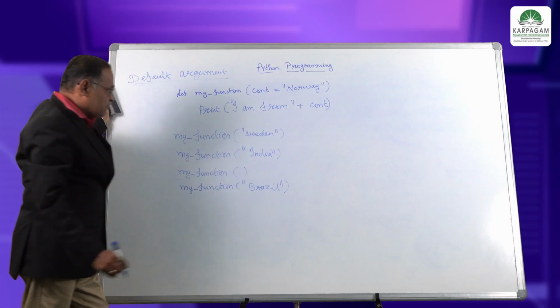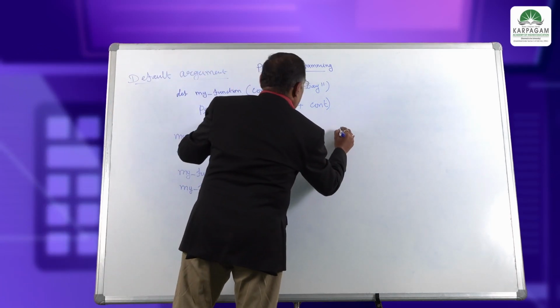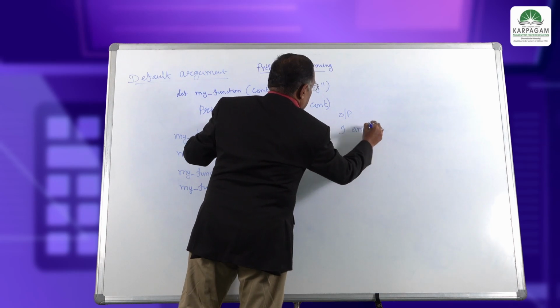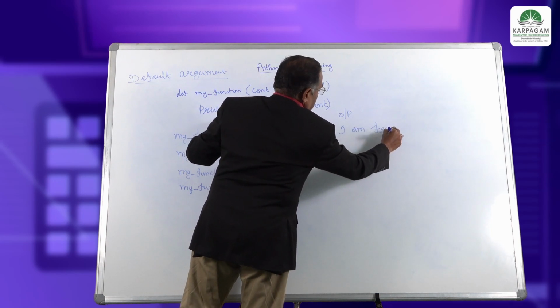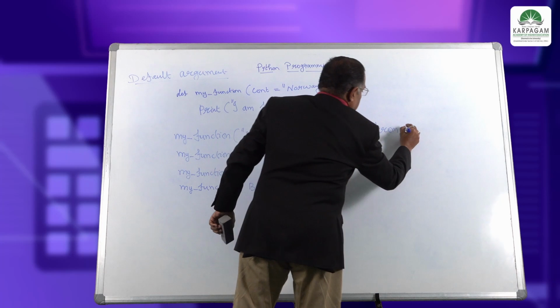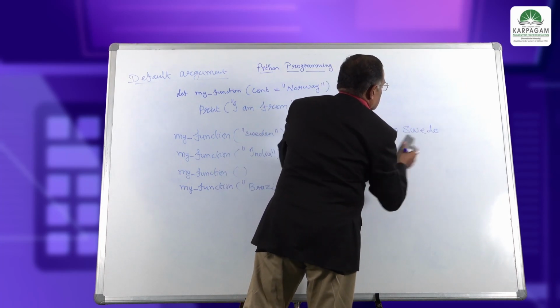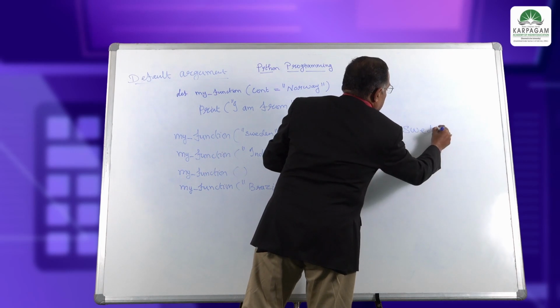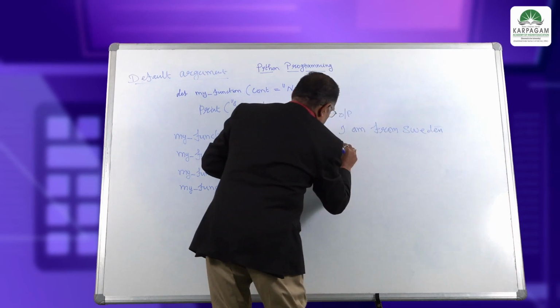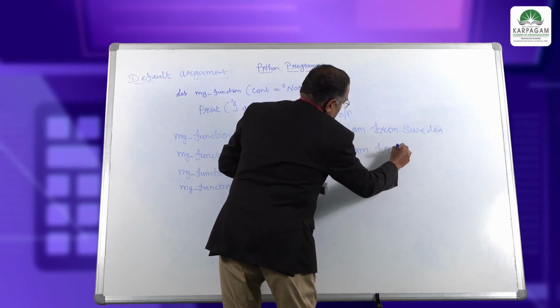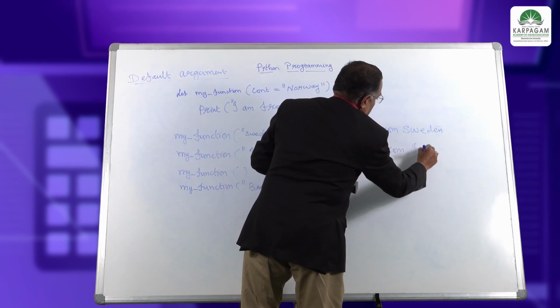So my output will be: I am from Sweden. I am from India.